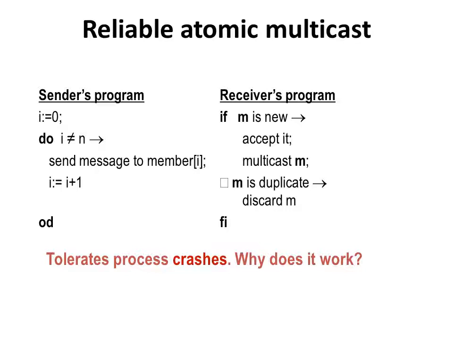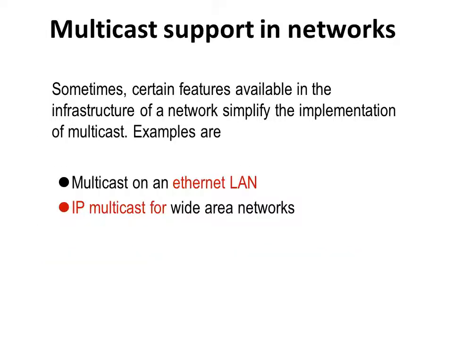The sender's program involves sending a message to every one of the members in the group, and once a member receives it, they're going to accept it if they haven't received it before, and then multicast it to the other members, and if they have already received it before, they're going to just discard it. So you should be able to describe this in simple words.